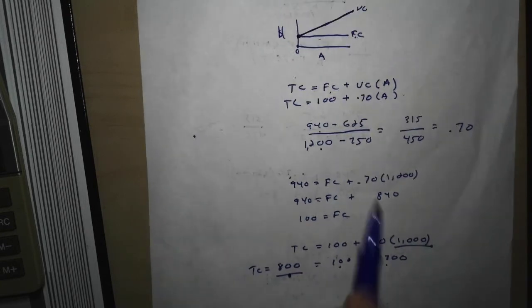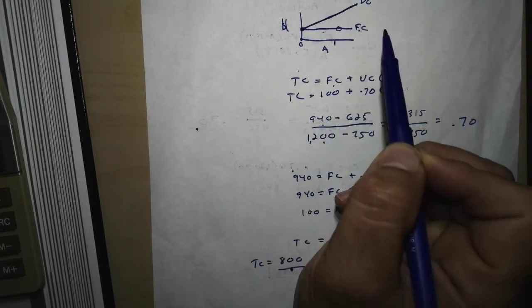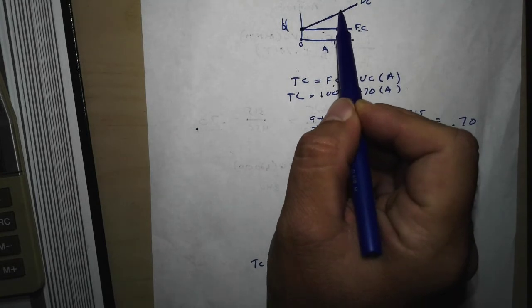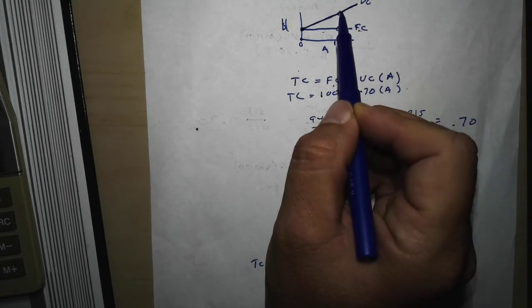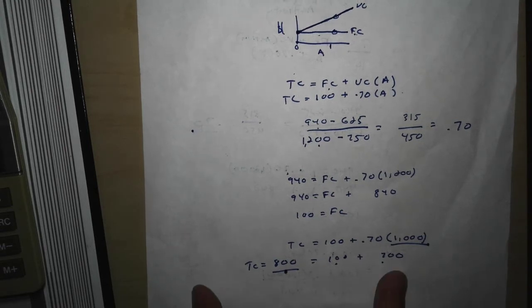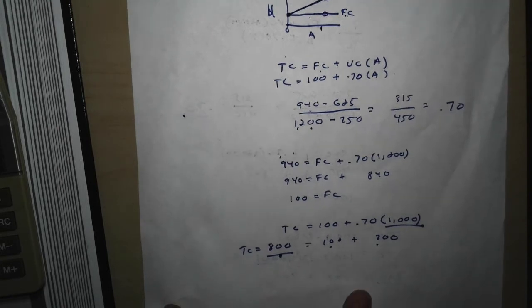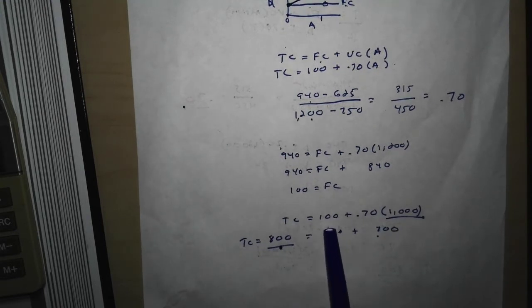All right, so that's how we would estimate total cost. What we're doing is finding a point of activity that says take that fixed cost, which is constant, and then add the variable part of this to it, and that will give us a point on that total cost line that says this is how much total cost is. All right, so that's how you execute a high-low problem of finding total cost. And again, if this was your lemonade stand, you'd say, we have to set the lemonade stand up.